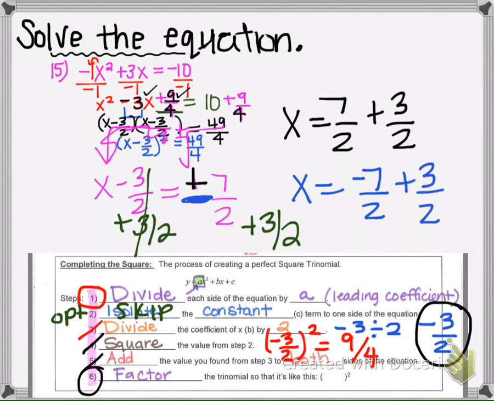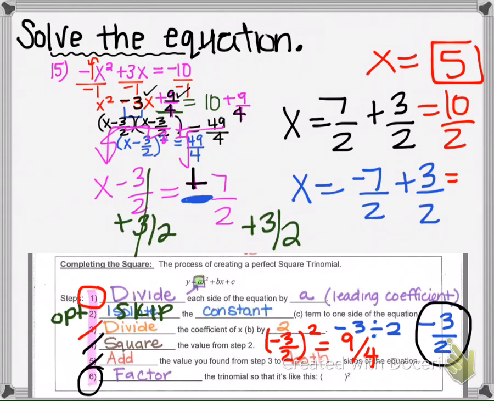So 7/2 plus 3/2 is 10/2, which 10 divided by 2 is 5. So we get x equals 5. And then -7/2 plus 3/2 is -4/2, which equals -2. So we have our two solutions, 5 and -2.